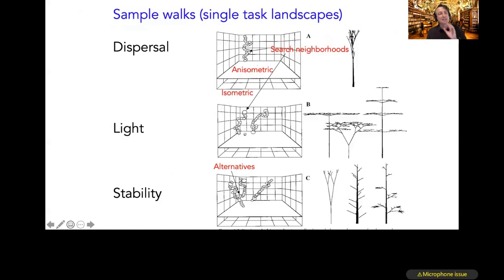And then he asked, in different environments, which plant architecture best matched your best ability to disperse, your best ability to intercept light, and your best ability to be biomechanically stable.